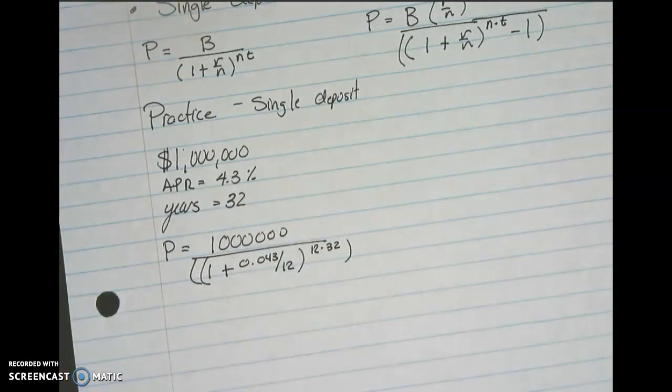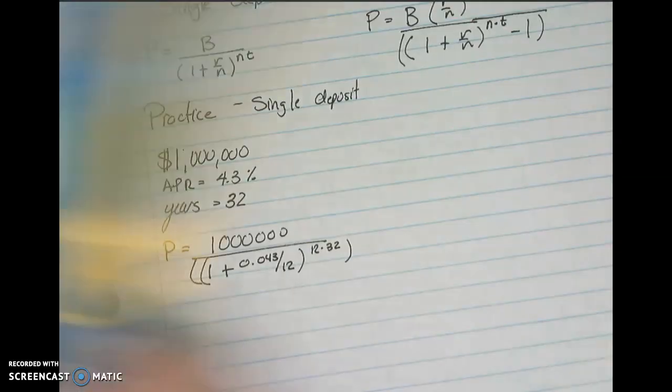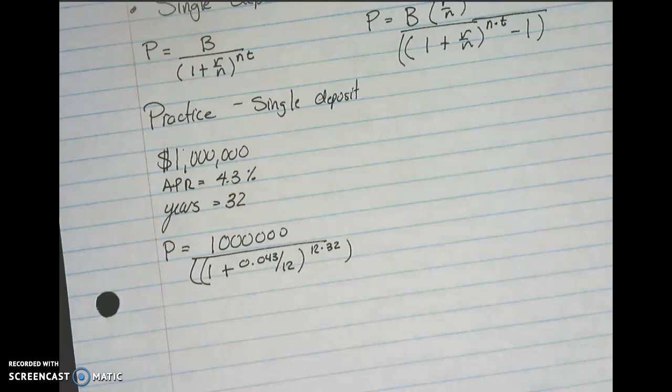Grab your calculator: 1 million divided by 1 plus 0.043 divided by 12, raised to 12 times 32.